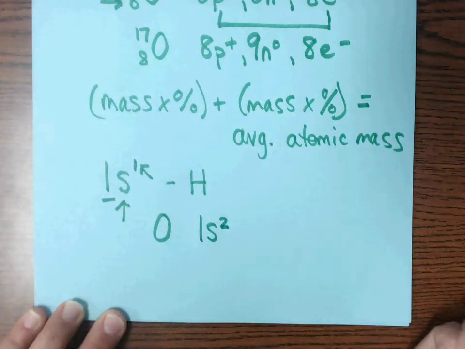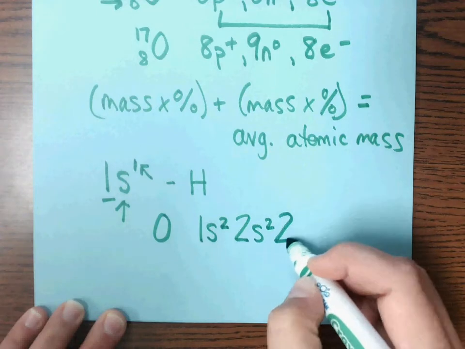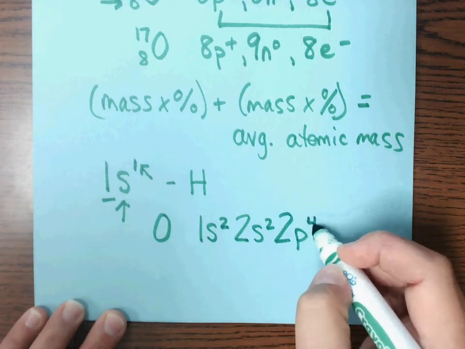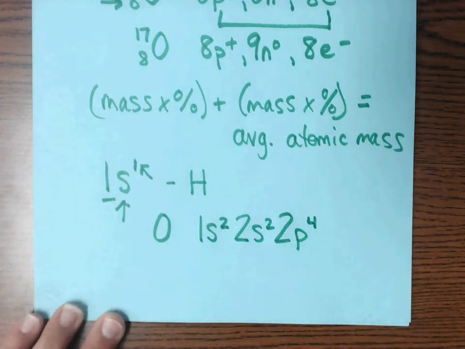So you would say 1s2, 2s2, 2p4. We don't need to completely fill this because we only want 8 total electrons. If you add up all of those exponents there, you will get the total number of electrons for that element.